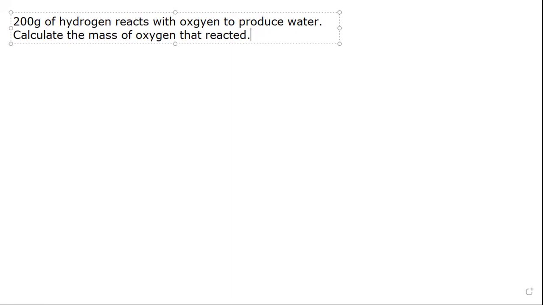As usual, the first thing you have to do is write a balanced chemical equation. This is a reaction between hydrogen and oxygen, giving us water, which is H2O.